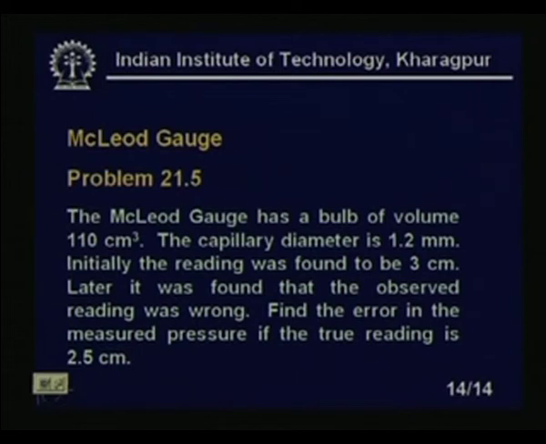The capillary diameter is 1.2 millimeter. Initially, the reading was found to be 3 centimeter. Later, it was found that the observed reading was wrong, and find the error in the measured pressure if the true reading is 2.5 centimeter. So, some error has been introduced.